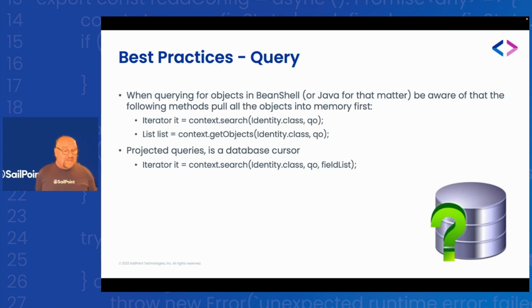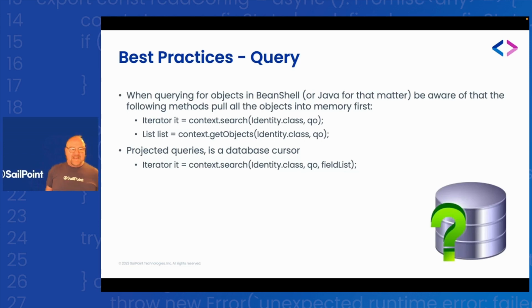So it's not particularly efficient. I'd only advise you to use those two methods when you know there's only a small and quantifiable number of objects that you're bringing back, and you want everything inside the identity object. If not, use a database cursor.